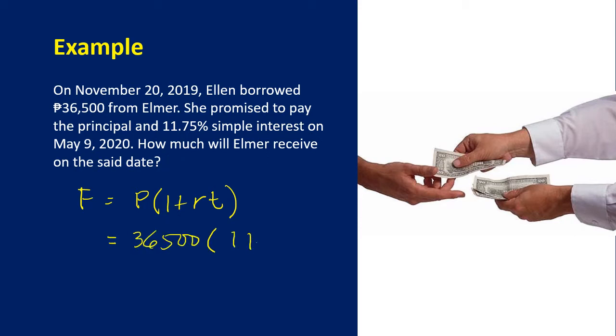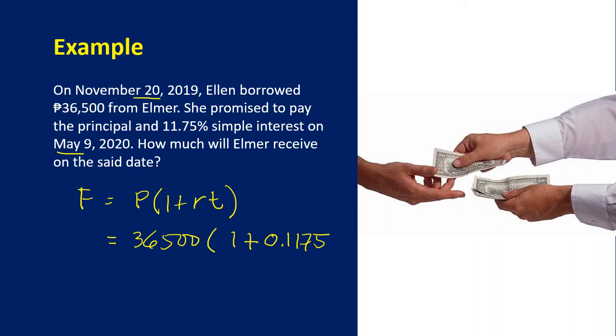So this is 36,500 times 1 plus the rate. What is the rate? 11.75%, or 0.1175. But what is the time? November 20 to May 2020.